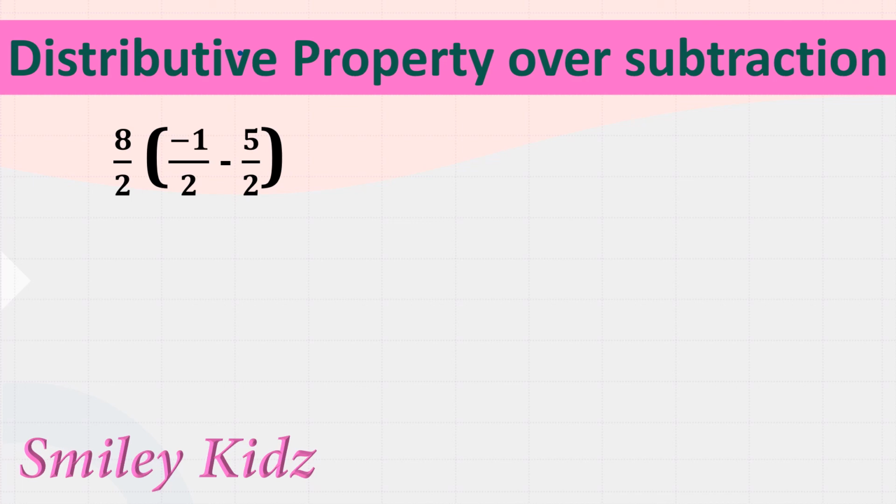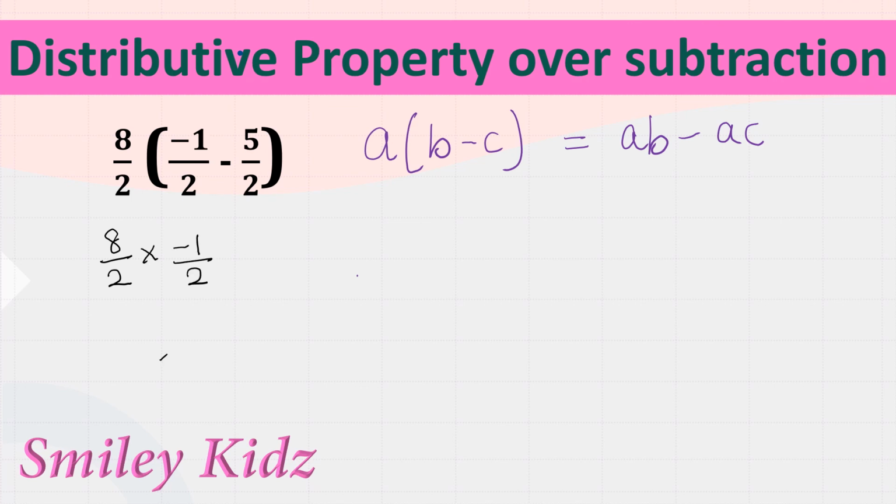Distributive property over subtraction. The property is A multiplied by (B minus C) is equal to AB minus AC. So let's apply the property and solve this example, which is equal to 8 by 2 multiplied by minus 1 by 2 minus 8 by 2 multiplied by 5 by 2.